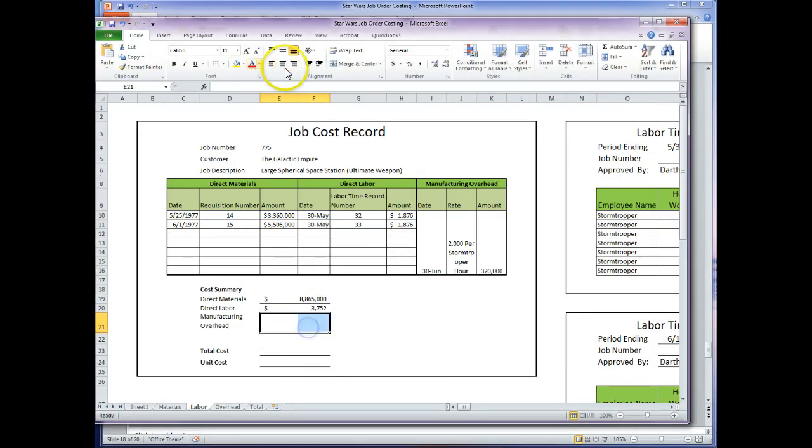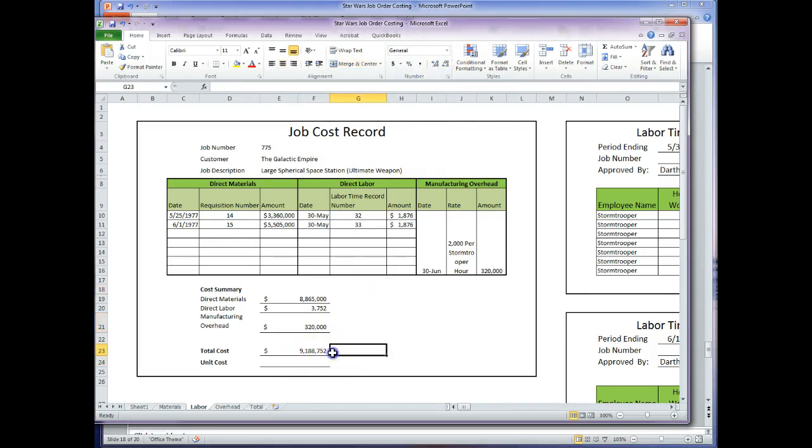And then your manufacturing overhead's going to be this number here. All right, so all we're doing really is summing columns. Your total costs are going to be your materials plus your labor plus your overhead. And good luck figuring out why that's not centered. There we go. Okay.